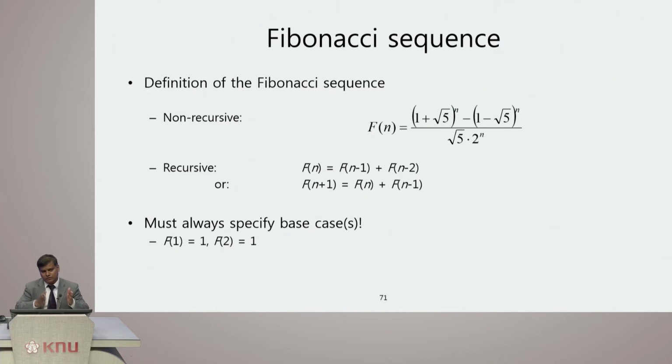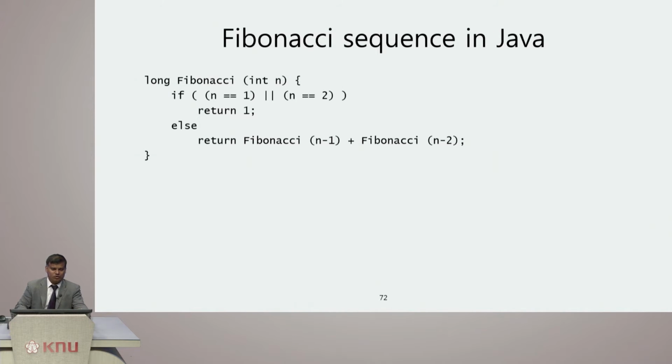The first two values are 1 and 1, and starting from 3 onwards, it changes. Sometimes people use f of 0 and f of 1. It depends. Anyway, the basic thought is to use the base case properly.